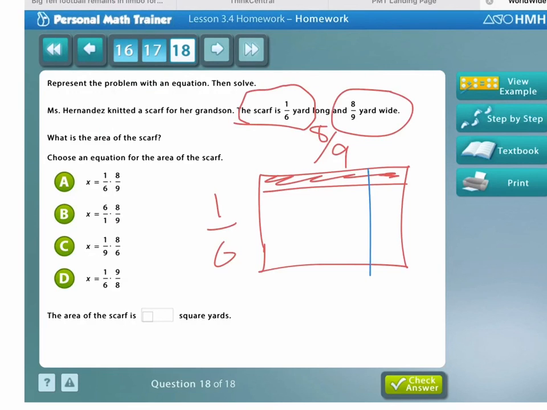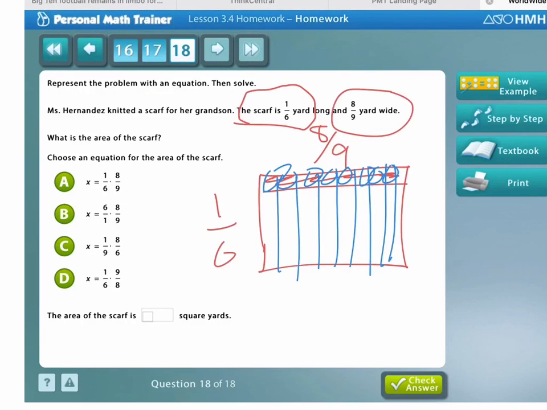So this would be 8/9 this way. 1, 2, 3, 4, 5, 6, 7, 8, and 9. So I'd end up with this part here would be how many yards the area was. So that's my model.